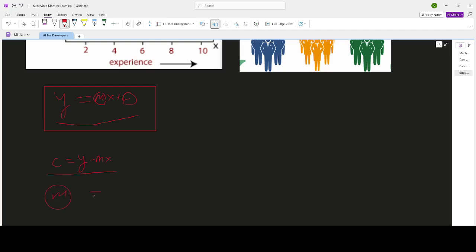So m is equal to the summation of (x minus x mean) multiplied by (y minus y mean), divided by the summation of (x minus x mean) squared.